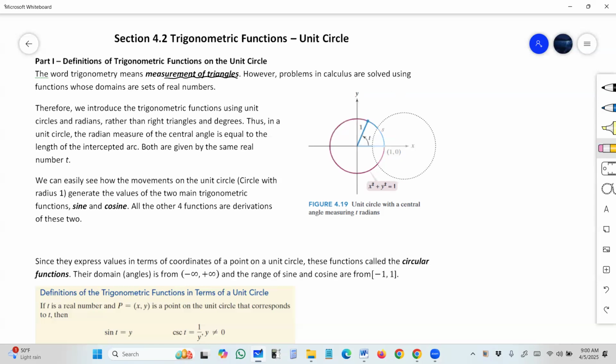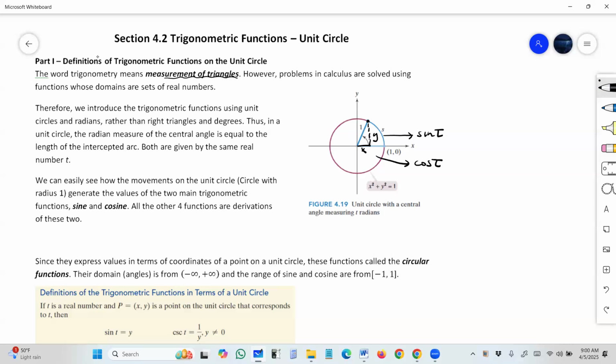So as it turns out, mathematicians called the length of the Y coordinate the sine function of the angle, and they called the length of the X coordinate the cosine of the angle.